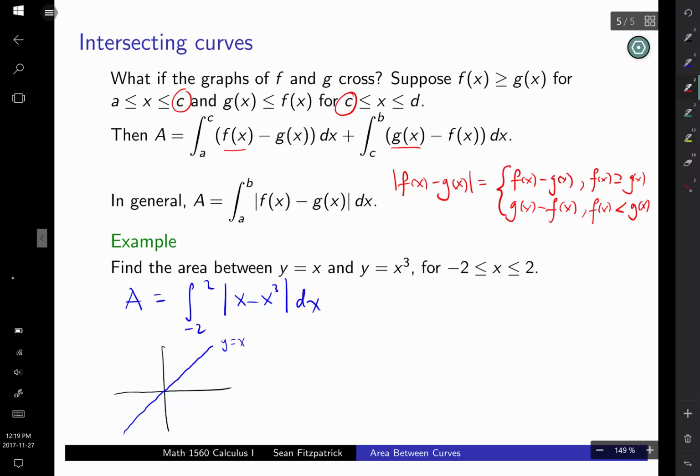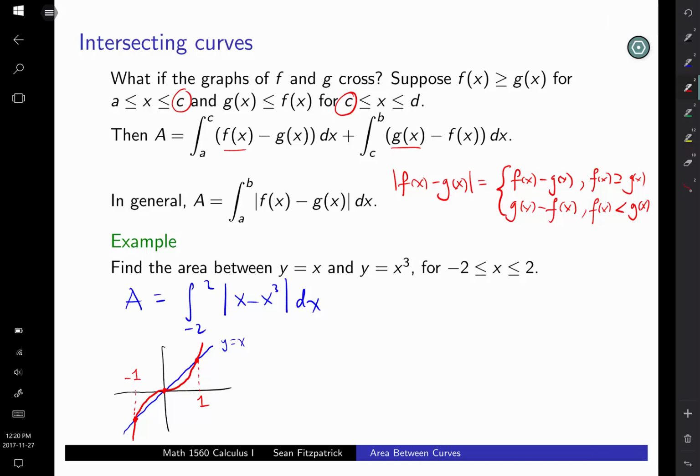So the cube function is going to go something like that. So this is going to be at 1. This is going to be at minus 1. And of course, that's an intersection at 0, right?